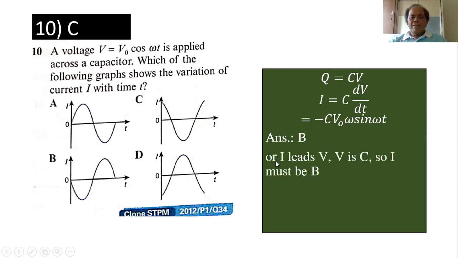Or know that I leads V. I leads V. So this is your V graph. If you remember, this is your V graph. Right? So I leads V. So if we look at this graph, compare these two graphs. Right? That's your V graph. Right? Because of that, V naught cos omega t. Have I done something wrong? Let me just think through.